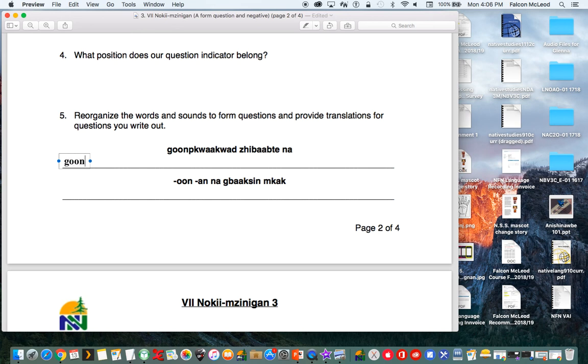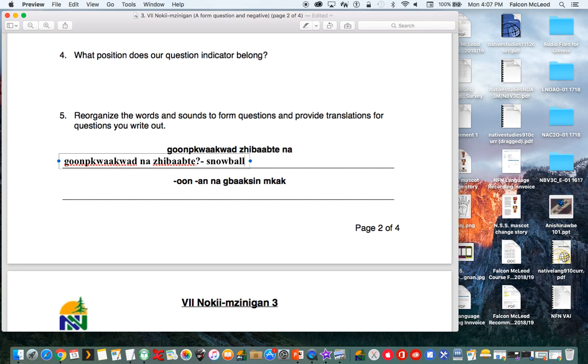So gon pquaquad, followed by our question indicator, na, and then our verb, jabopte. So from previous lessons, we know gon pquaquad means snowball.